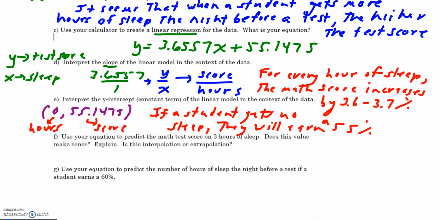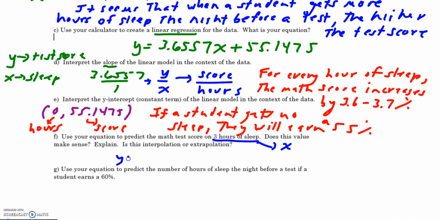Part F, use your equation to predict the math score on 3 hours of sleep. So what we want to do is take our equation, and if we're dealing with 3 hours of sleep, remember that hours is an x unit. So that means I'm going to plug 3 in for x into my equation.